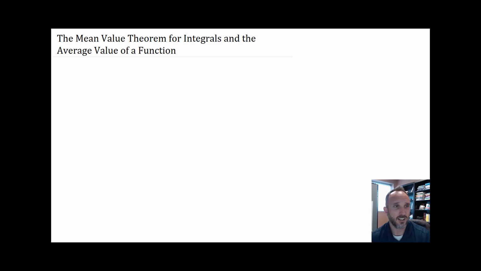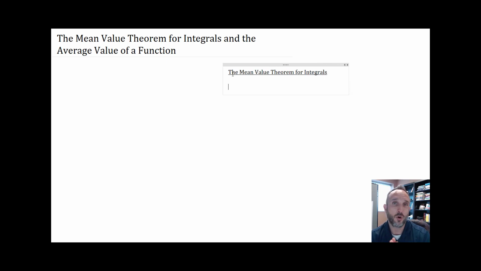So let's start typing out the mean value theorem for integrals over here, and I'll accompany that with an illustration. Okay, the mean value theorem for integrals.